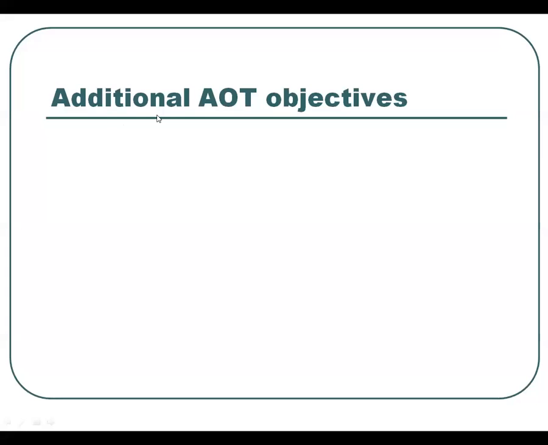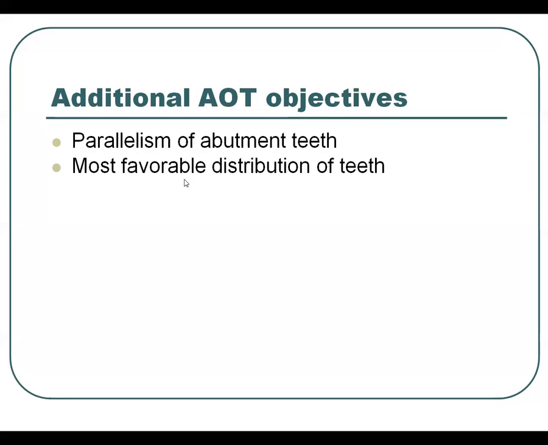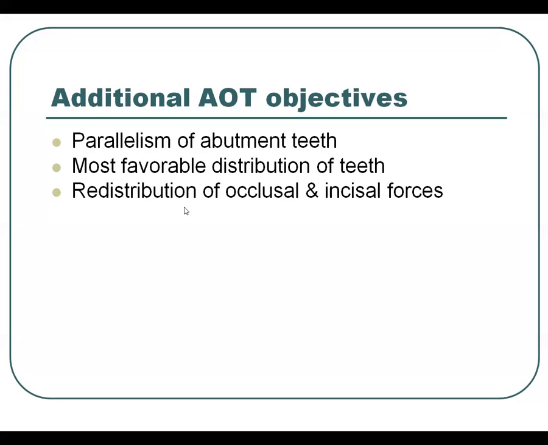There are some additional adult orthodontic objectives. One is parallelism of abutment teeth, which means if we are placing any prosthesis, we have to see that the abutment teeth are parallel. Most favorable distribution of teeth. Redistribution of occlusal and incisal forces, so that the teeth are inclined in such a way that the force is distributed equally.